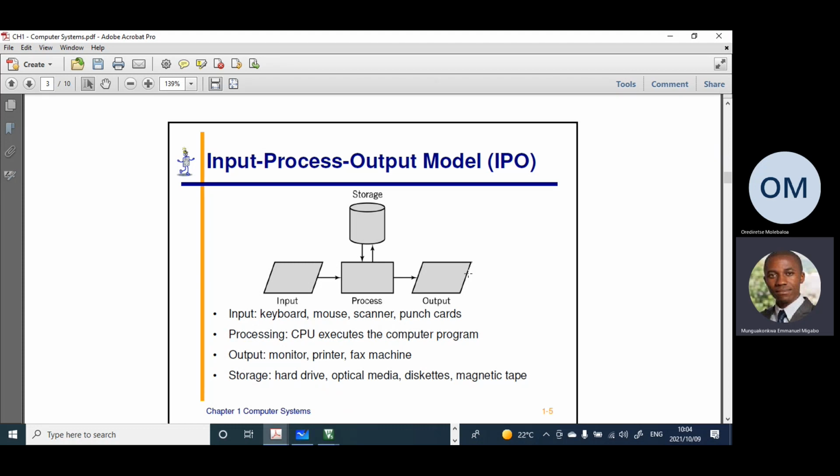Then we have the output side, which involves all mechanisms that are used to provide the outcome of processing to the user, either for visualization or for action. For action, that will be the case of any form of actuation on a microcontroller. Maybe we run a motor or we close a valve.